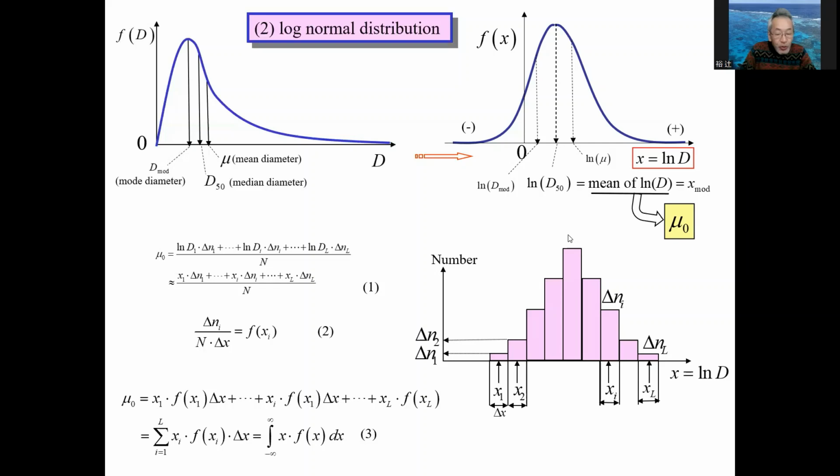Substituting equation 2 into equation 1 and taking the limit of probability density f(xi), mu0 can be expressed by the probability density function f(x) as shown in equation 3.